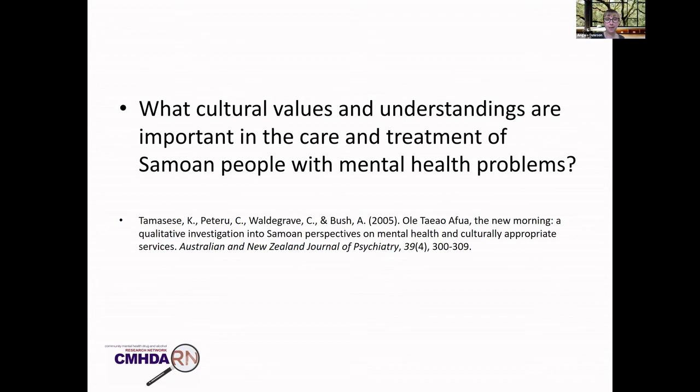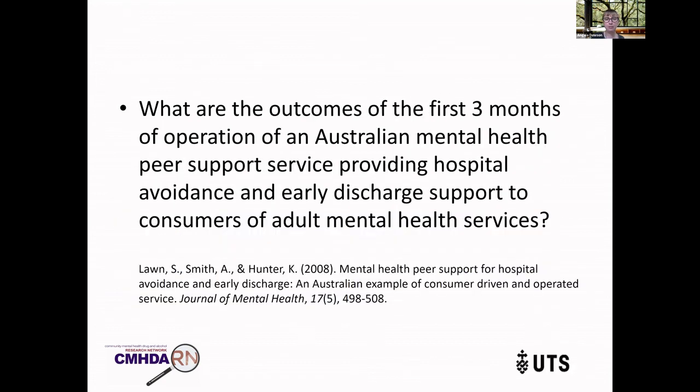And here we have what are the outcomes of the first 3 months of operation of an Australian mental health peer support service, providing hospital avoidance and early discharge support to consumers of adult mental health services. So this was actually largely quantitative, so collecting key performance indicators because it was an evaluation and readmission rates.